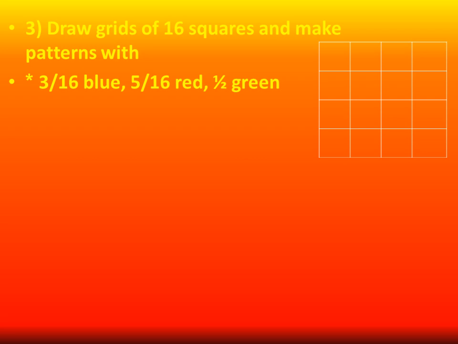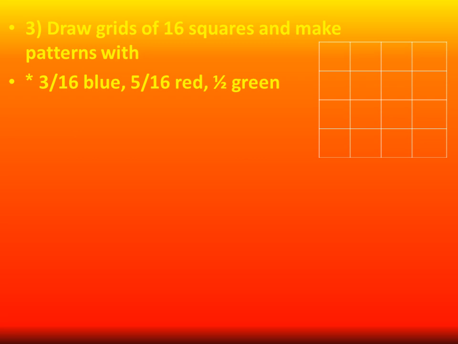So 3 upon 16 blue means out of 16, 3 are blue. So any 3 squares you can color blue. Then they said out of 16, 5 are red. So out of these 16 we have to color 5 red, and half are green.